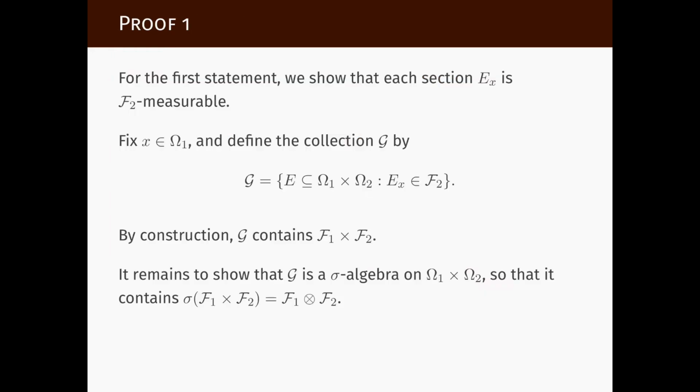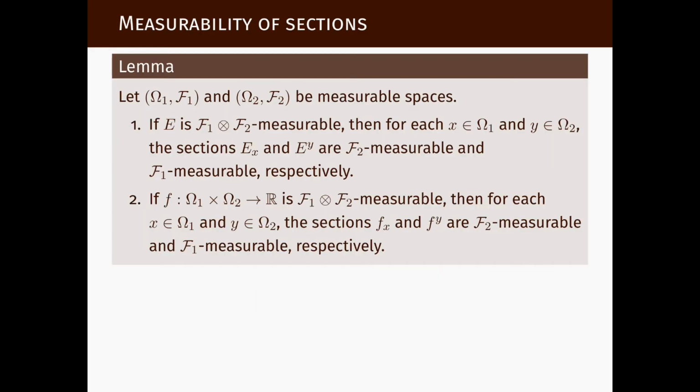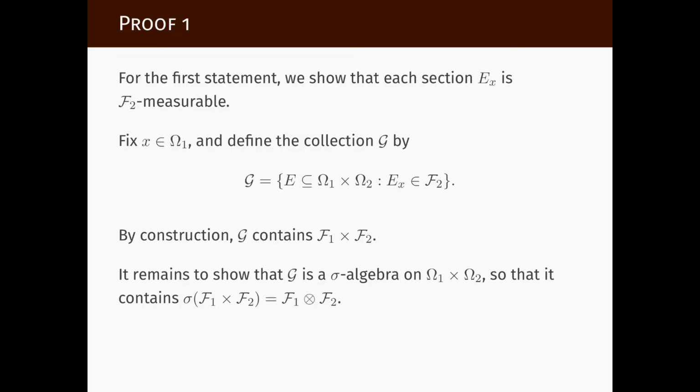For the proof, we're going to first consider the first statement. It says Ex is F2 measurable for every value of x. Of course, we don't need to consider Ey because the argument will be completely symmetric. So we want to show that Ex is measurable with respect to the sigma algebra of the second sample space. And how do we prove that?